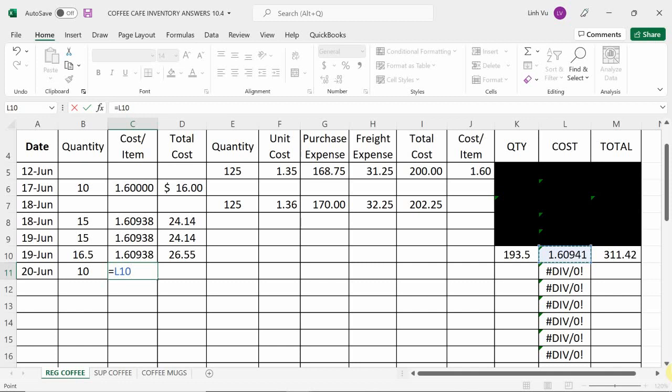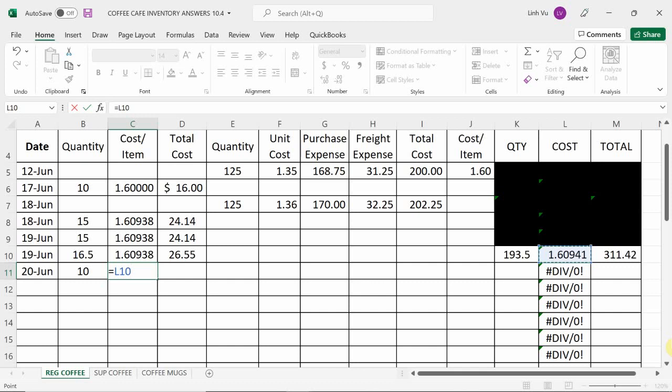So what is going to be the total amount that I am going to be calculating for the cost of goods sold? How much is the cost of goods sold? Can you guess that number?